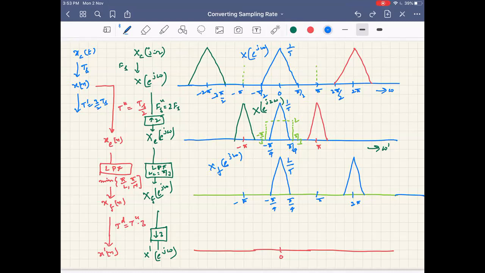So it expands from where to where? This is pi by 2, this is minus 3 pi by 4, slightly higher than pi by 2, and similarly this is 3 pi by 4.